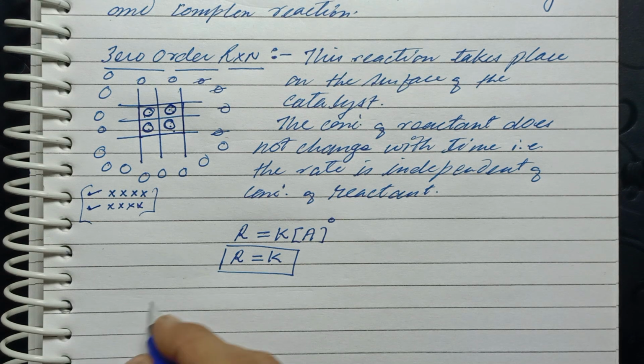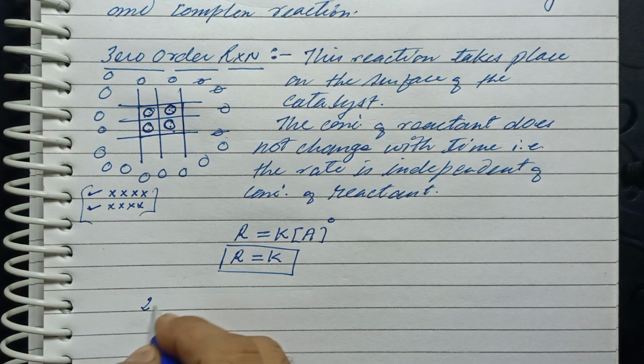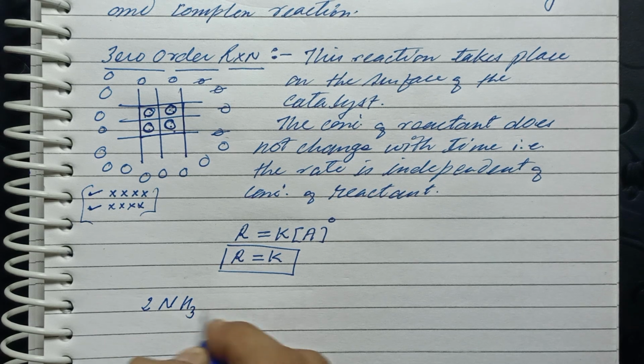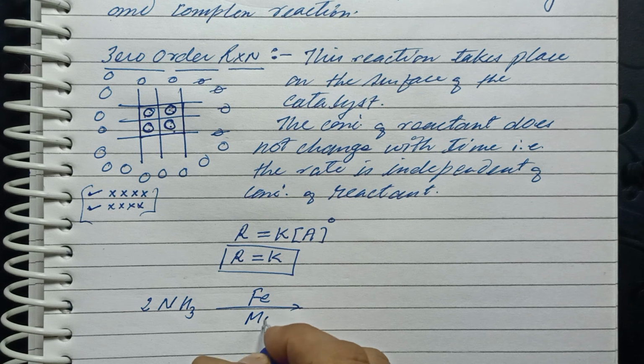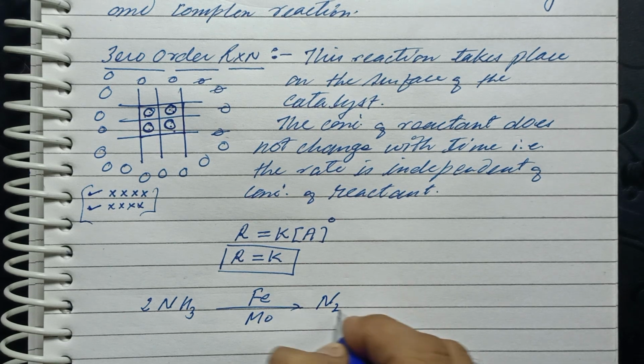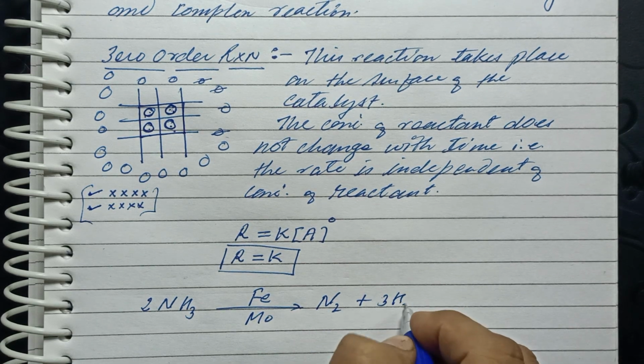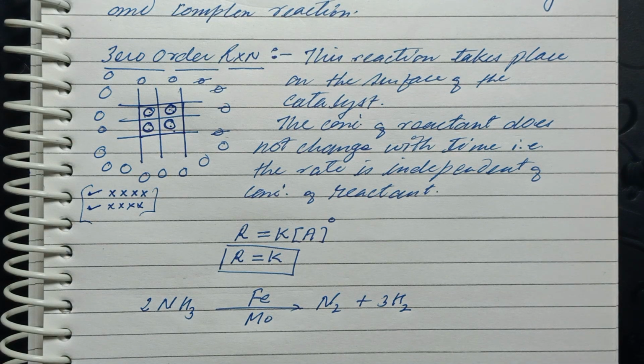An example of the reaction is decomposition of ammonia on the surface of iron in the presence of molybdenum. This is a zero order reaction.